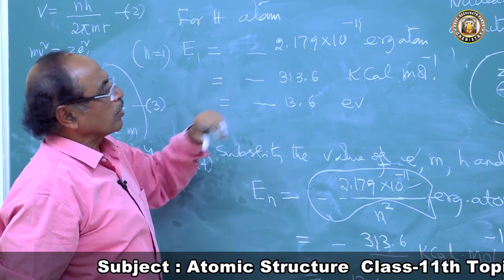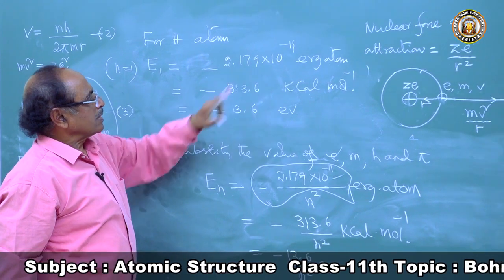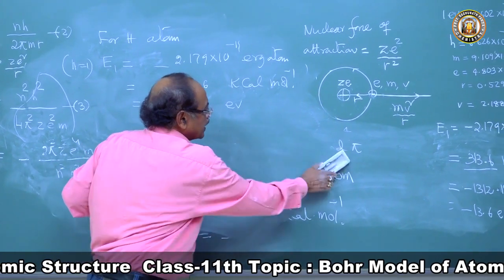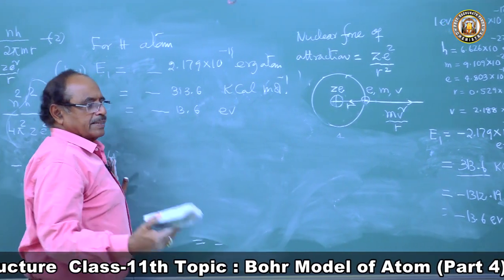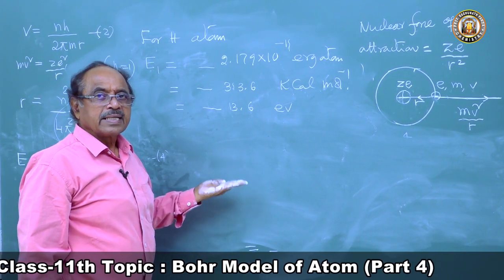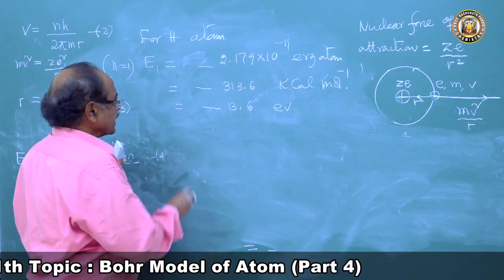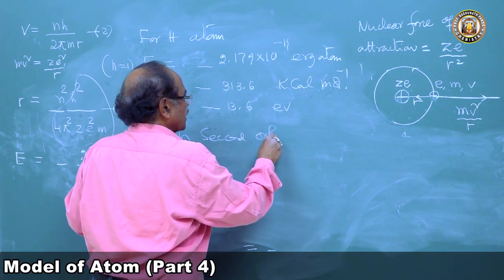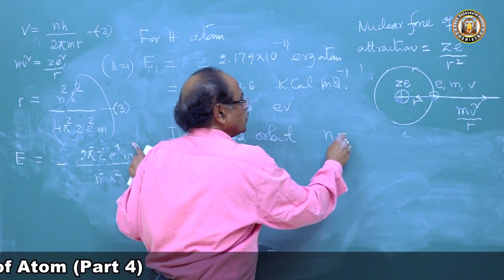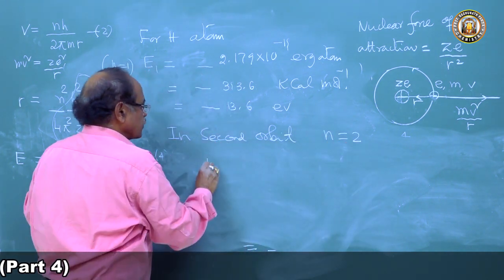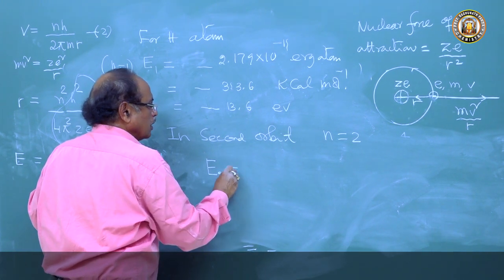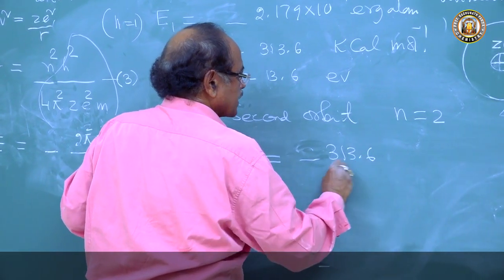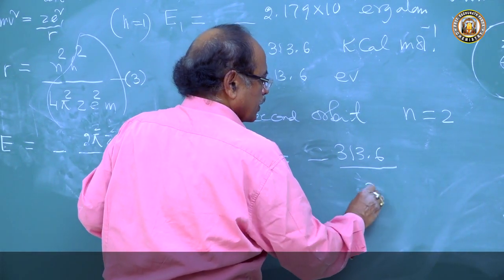Suppose somebody asks you: calculate the energy of the electron moving in the second orbit of hydrogen atom. If you go to the second orbit, n is equal to 2. So the energy E2 will be minus 313.6 by n square, and n square is 2 square.